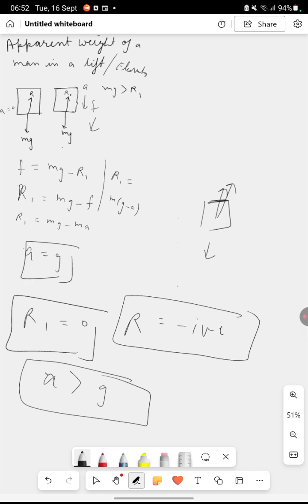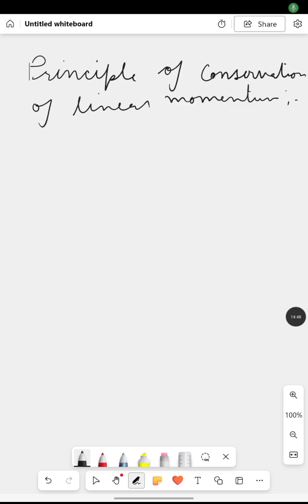So the next topic we will discuss here is the principle of conservation of linear momentum. Let's consider we have one body here. Its mass is m1 and it is moving with velocity v1.